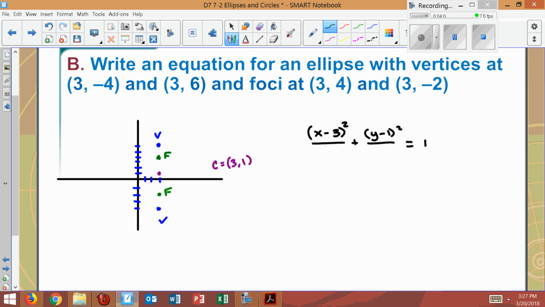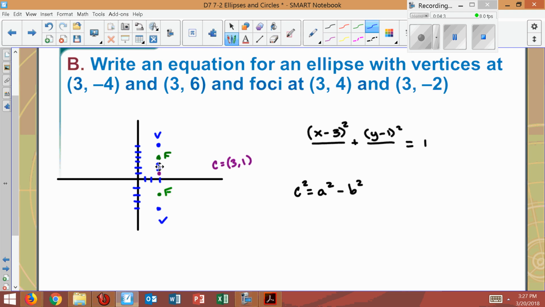To find the denominator, I need to use the formula that connects the foci with vertices. It's kind of like the Pythagorean theorem. It's the formula c squared equals a squared minus b squared. On the problem, we found out our c has a distance of 3 units away from the center.